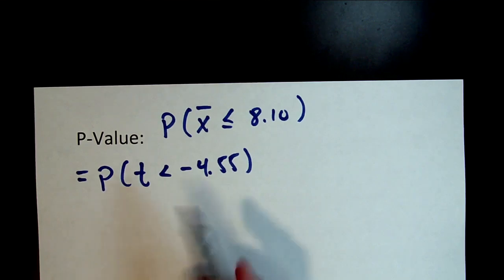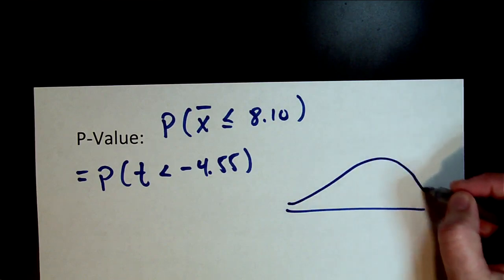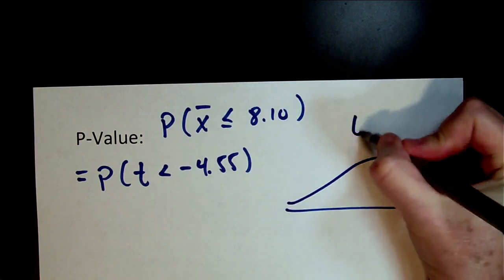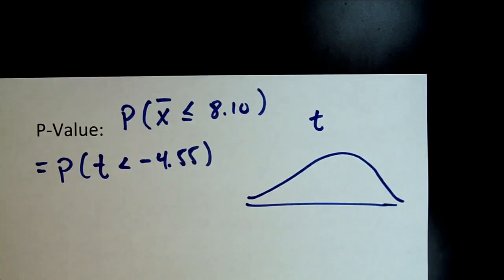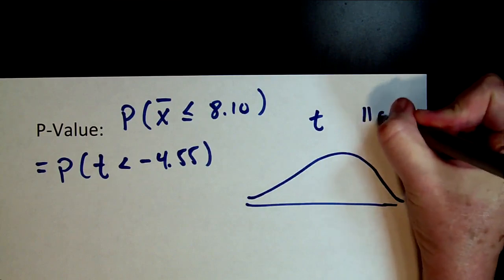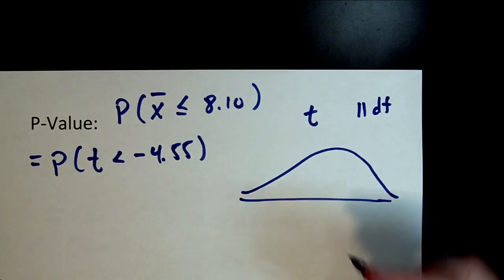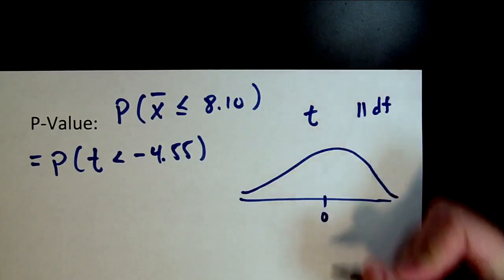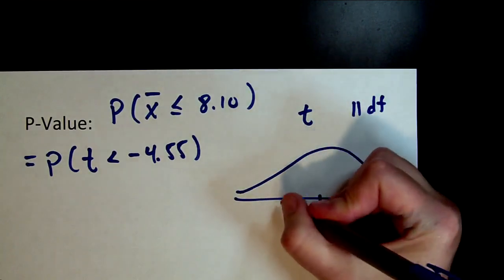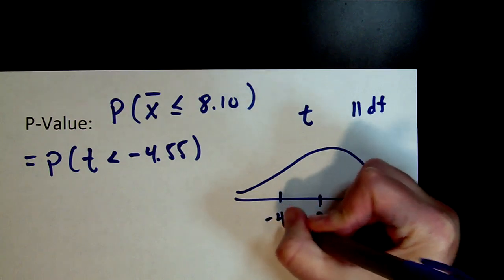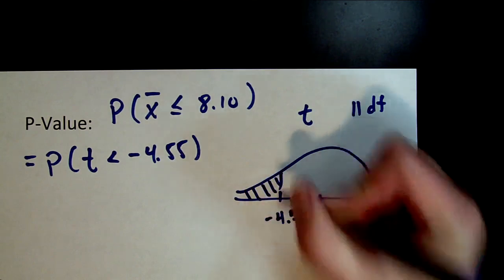Okay, so anyway, we're looking for stuff to the left on our t table. Now, remember with the t we need degrees of freedom, and the sample size was 12, so we're looking for the t with 11 degrees of freedom. Zero is in the middle of the t distribution, just like the z distribution, and so the negatives are to the left, and I want to know what that area is.